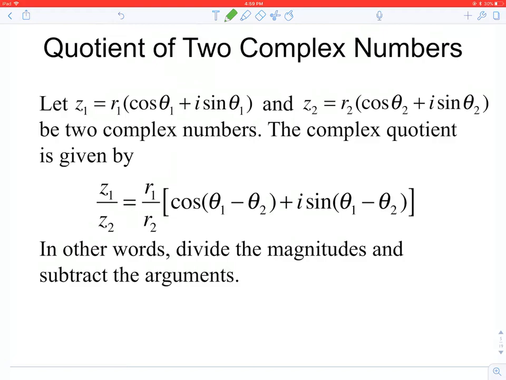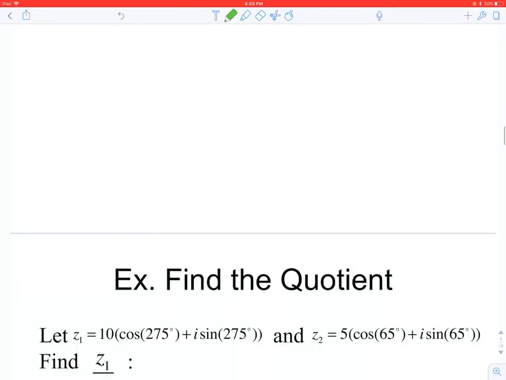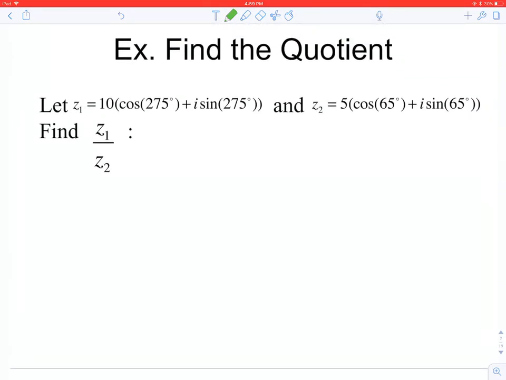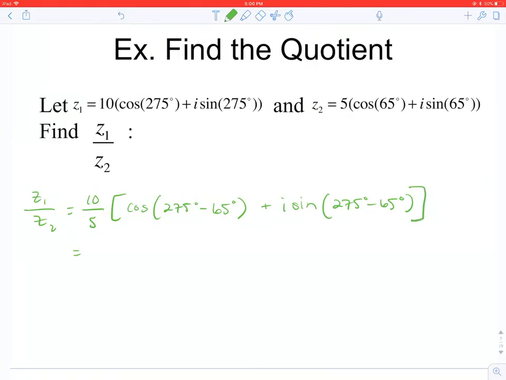Okay, but for two complex numbers that are in polar form, you divide the magnitudes and subtract the angles. So here, if we want to find z1 divided by z2, that'll be 10 divided by 5, and cosine of 275 degrees minus 65 degrees plus i sine of 275 degrees minus 65 degrees.